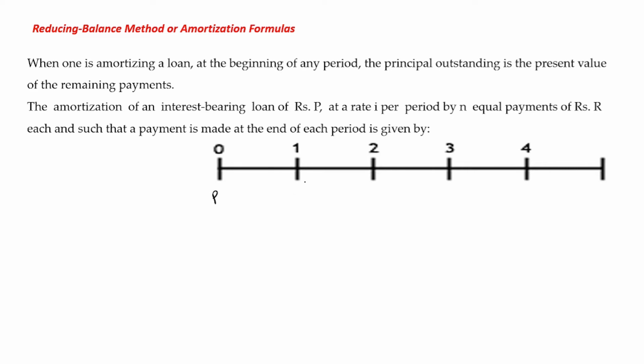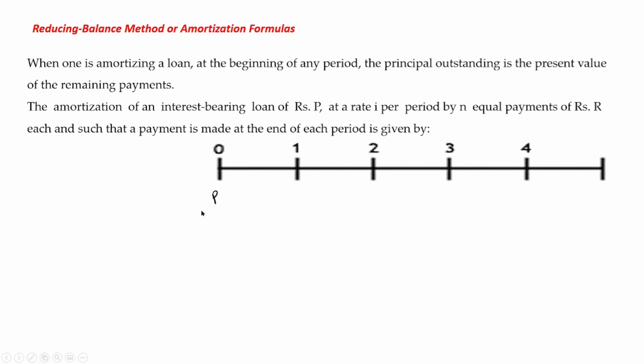So if we take the amortization of an interest-bearing loan of rupees P at a rate I per period by n equal payments of rupees R each, such that a payment is made at the end of each period, it is given by the following.